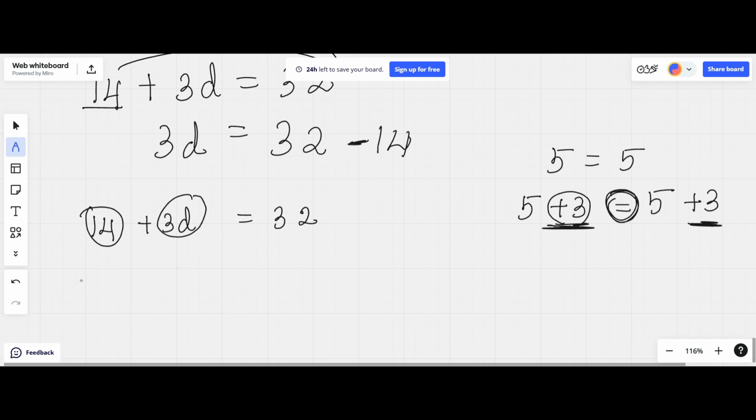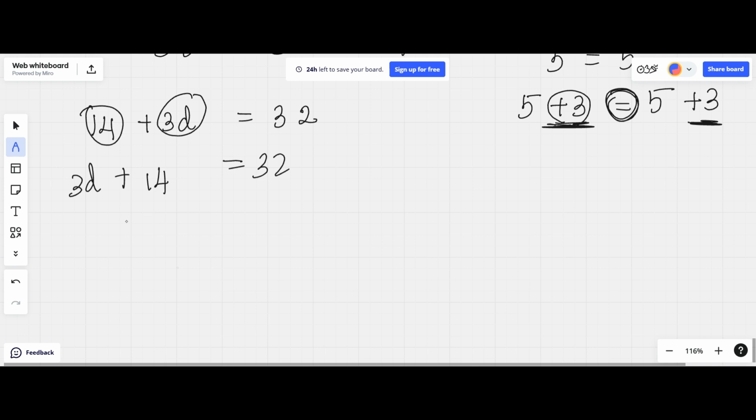So let's put the 3d here: 3d plus 14 is equal to 32. If you want to remove this 14, we put minus 14.